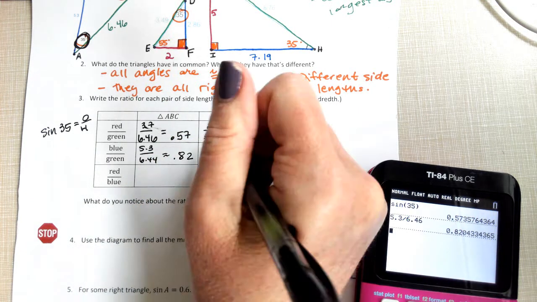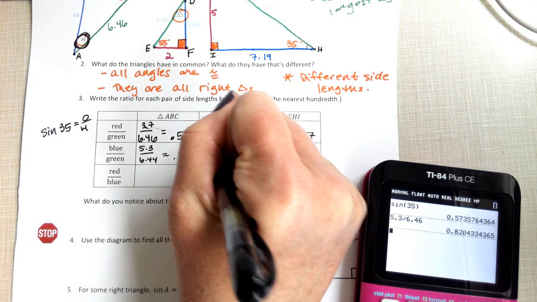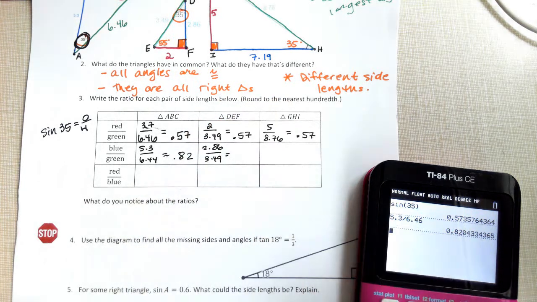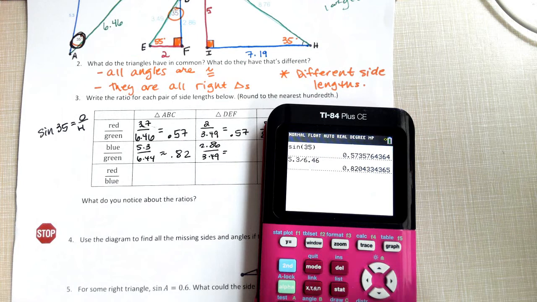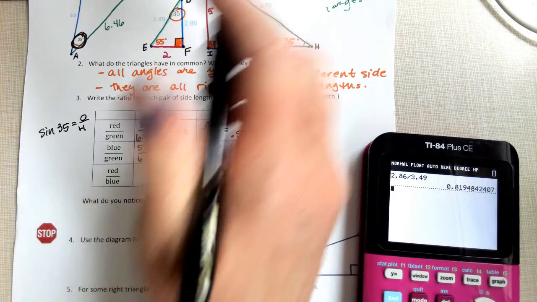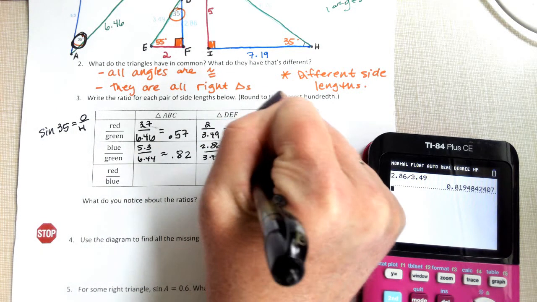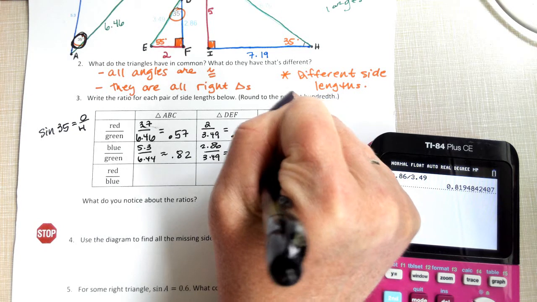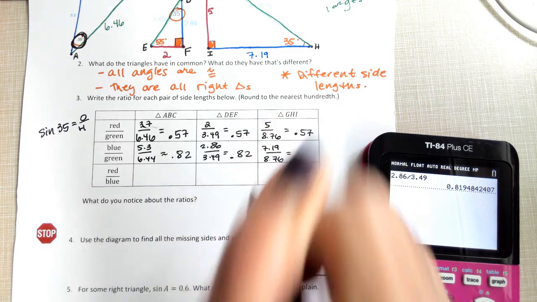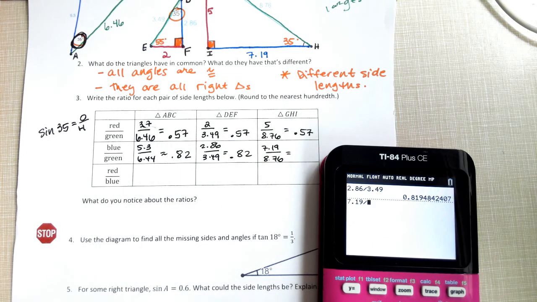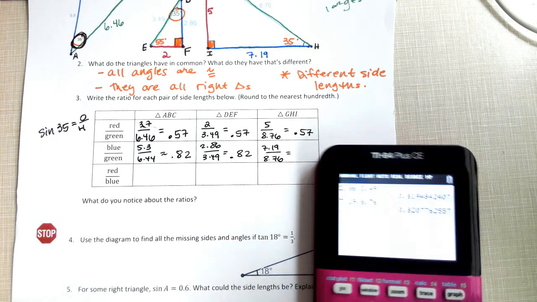Blue over green in this second triangle, 2.86 over 3.49, is 0.82. Now that one had to be rounded a little bit. And then we have 7.19 divided by 8.76, which is 0.82.